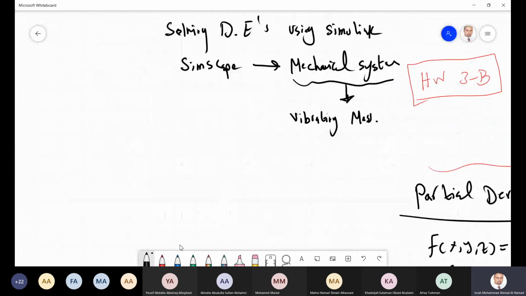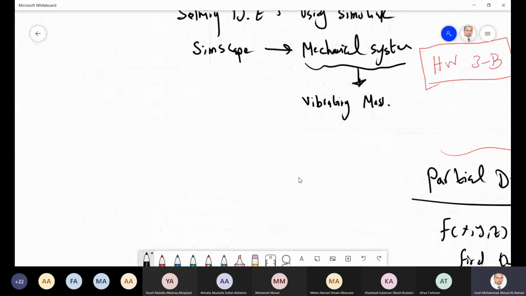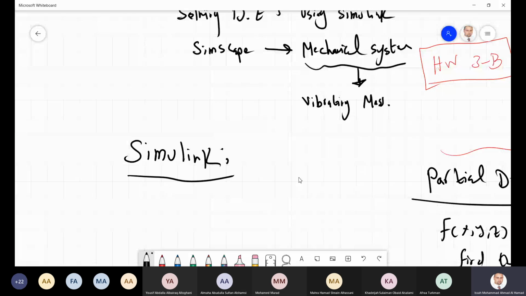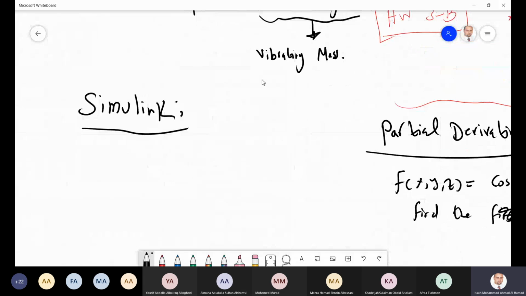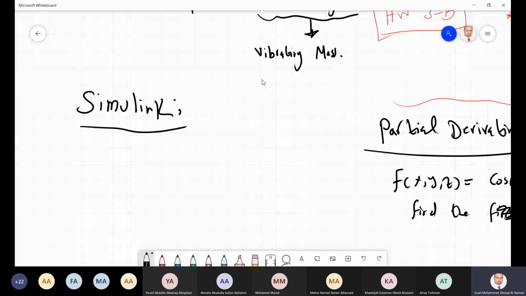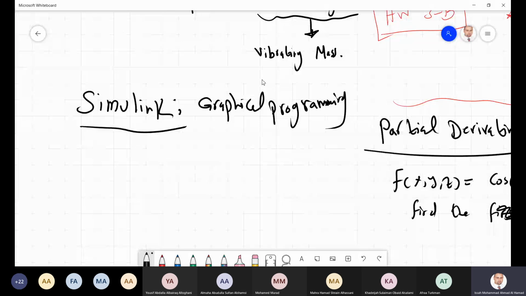Now when we say Simulink, the name may be scary, but it is simply a graphical programming language. It's a graphical programming technique.